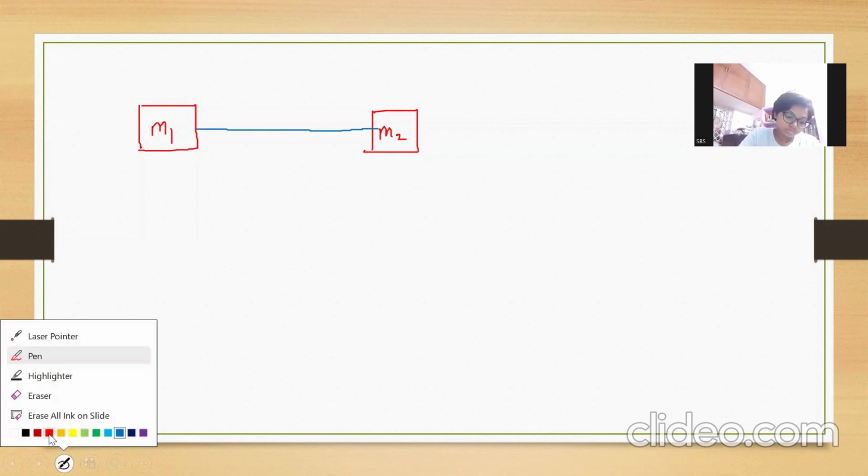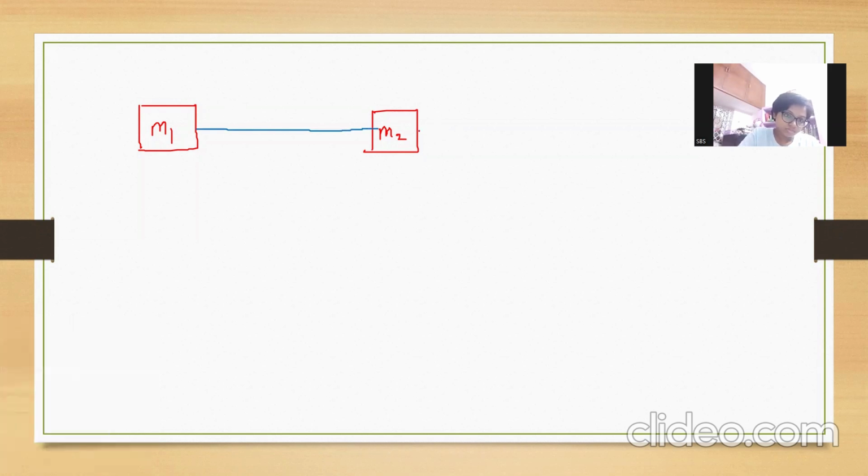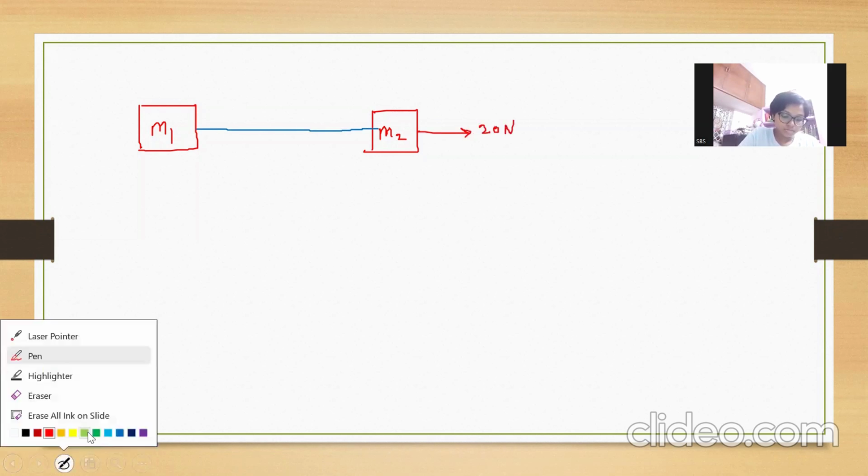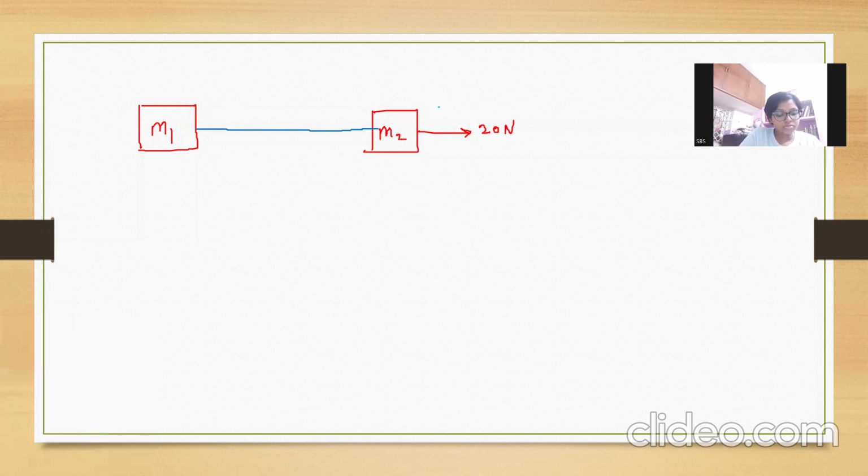Then, very important, if you are applying a force on this M2 block, let us suppose 20 Newton, then because of the 20 Newton force these two blocks get an acceleration.